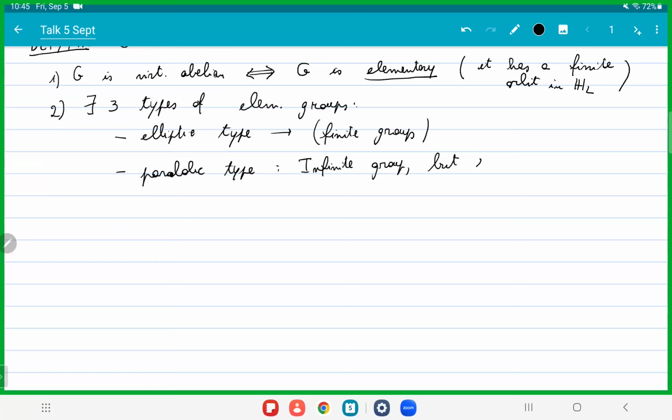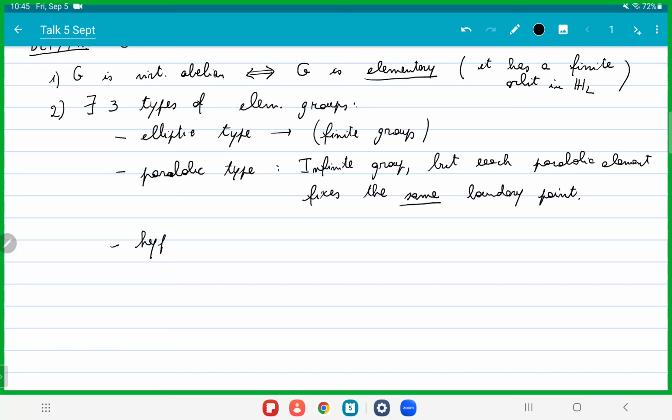Each parabolic element fixes the same boundary point. And then we have an elementary group of hyperbolic type.